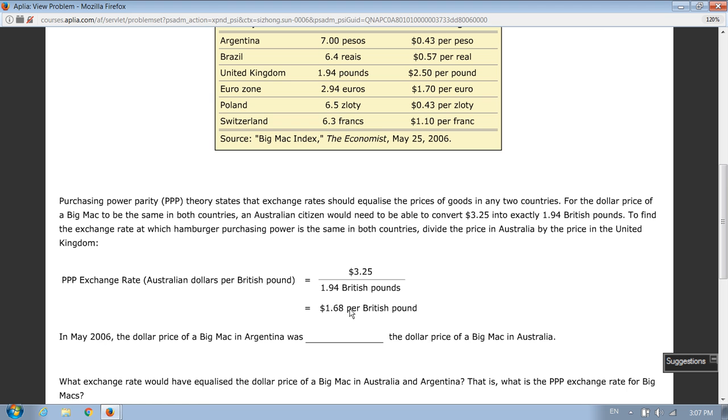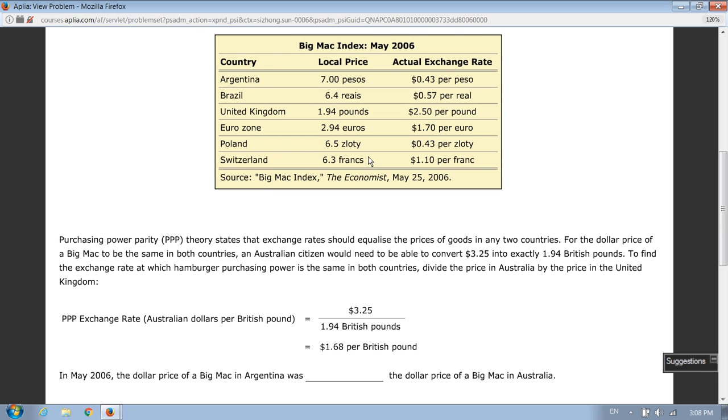So to find the exchange rate is quite easy. Domestic price over foreign price. That's 1.68 Australian dollars per British pound. In May 2006, the dollar price of a Big Mac in Argentina was... So look at the table. In Argentina, the local price for a Big Mac is 7 pesos, and one peso can exchange for 0.43 Australian dollars.